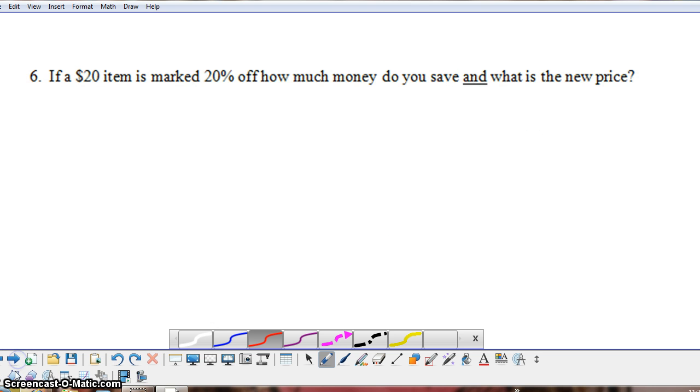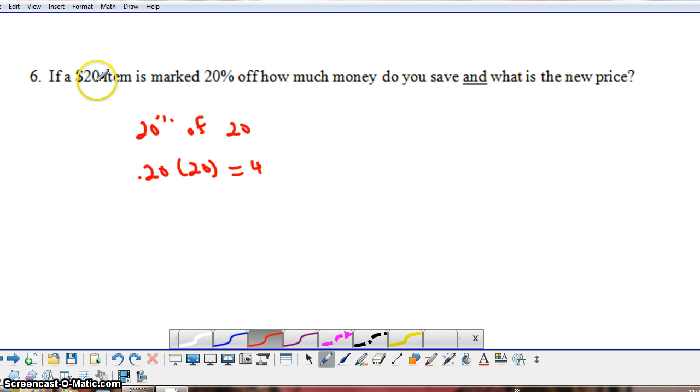Alright, let's finish up with 2 more examples. If a $20 item is marked 20% off, how much money do you save, and what is the new price? So first of all, we need to know 20% of 20. Of means multiply. And 20% of 20 is 4. Now an easy way to figure this out is to figure out 10% and then double it.